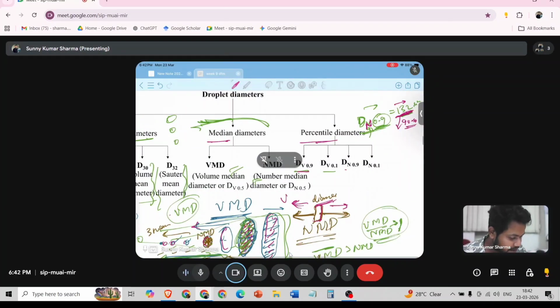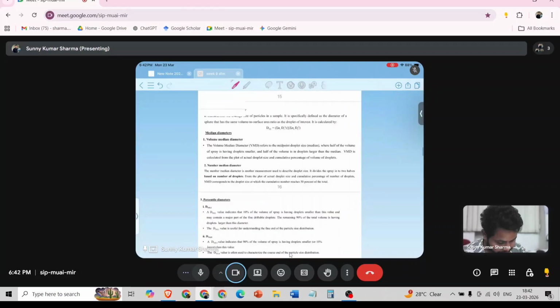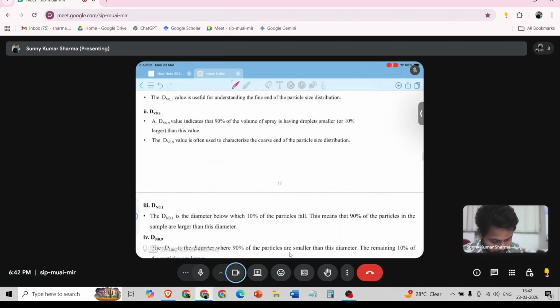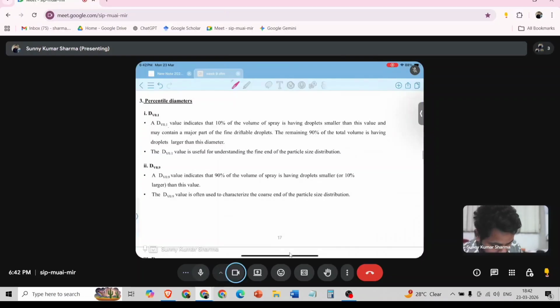Here, one is related to number, one is related to volume. Suppose the definition is written here: the DV 0.9 value indicates that 10% of the volume of a spray is having droplets smaller than this value, and the remaining 90% of the total volume is having droplets larger than this diameter.